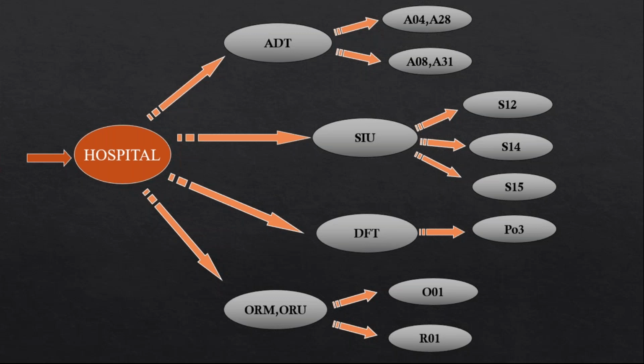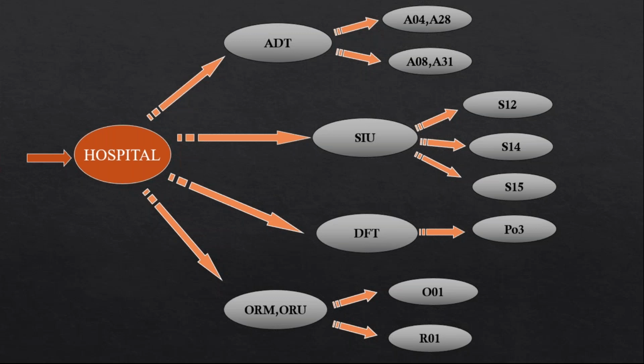A01 is an admit event. Few people will use ADT A05 for update of existing appointment. So those possibilities are there, but they are rare cases. But in 80 to 90% of the cases, hospital standards will be using these as the regular events to represent each one of these messages.